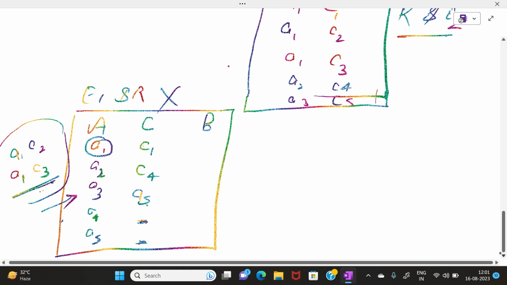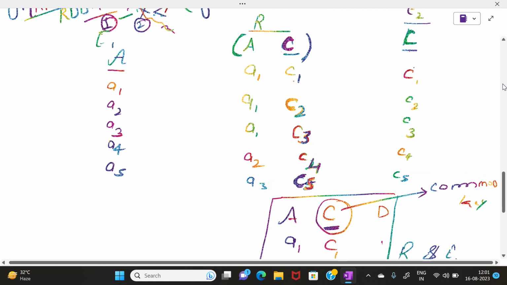We can't show the relationship of A1 with C2 or A1 with C3 using this diagram. If we try to show A1 C2 and A1 C3, then A will not be our candidate key, and similarly we can't have C as a separate candidate key for this diagram, because we have these two null values. So definitely these two cannot be merged. This is not a good merge, but this is a good merge.